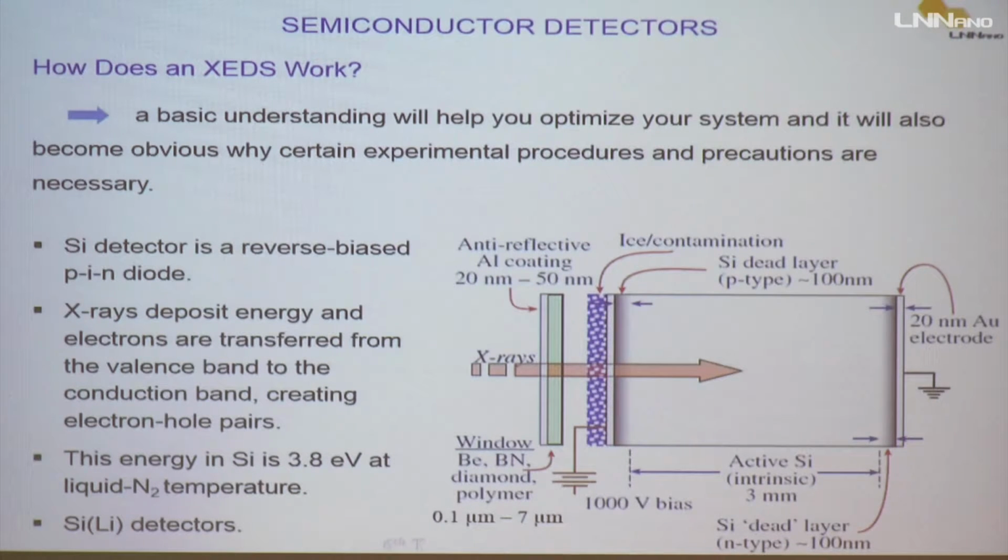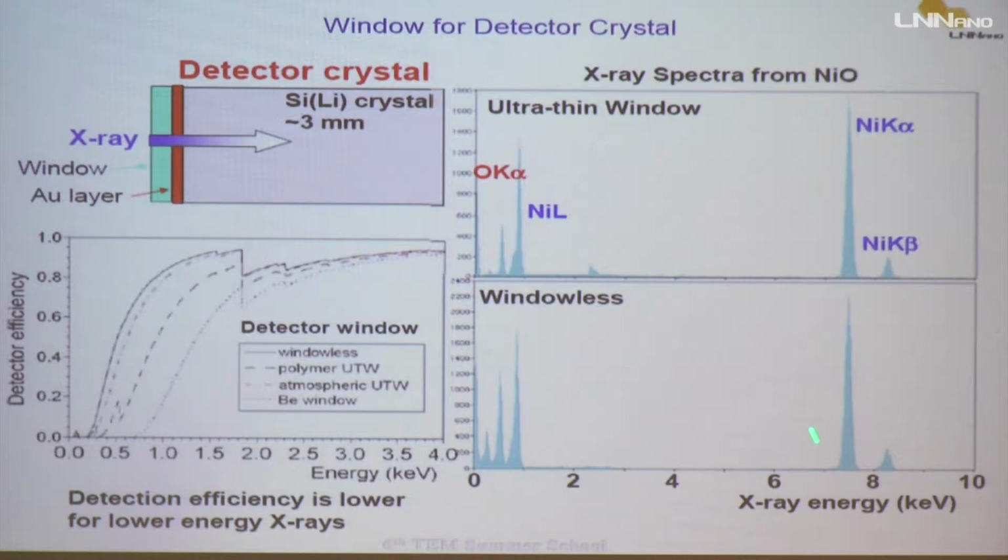So for something like the nickel K alpha peak in the energy dispersive spectrum, we will need about 2,000 transitions to be measured and transferred to the spectrum. Is it clear?